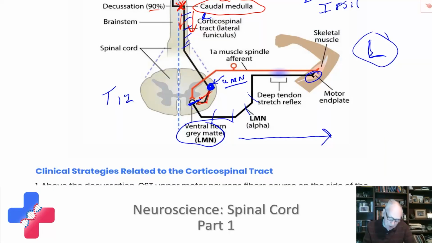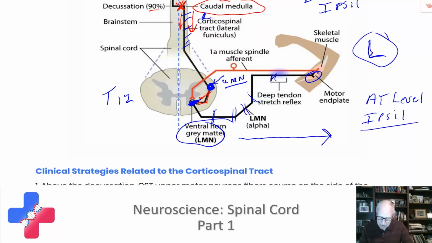If you damage the ventral horn here on the left side at T12, or you damage the T12 ventral root or the T12 nerve, you're going to affect what? This is always at the level. And of course, it would always be ipsilateral.